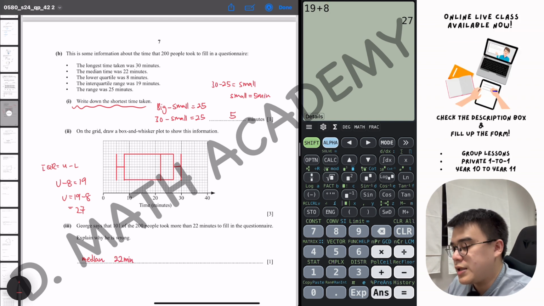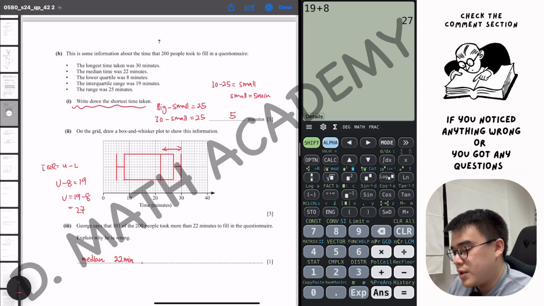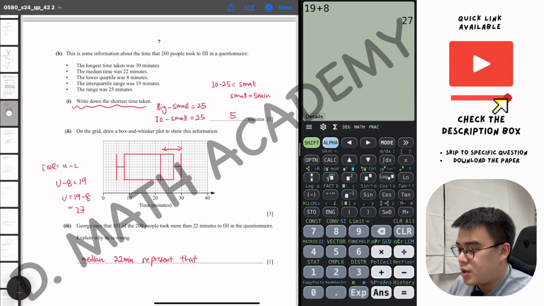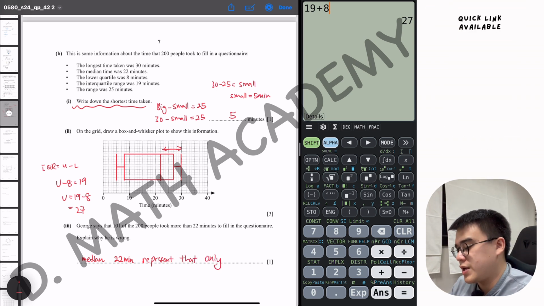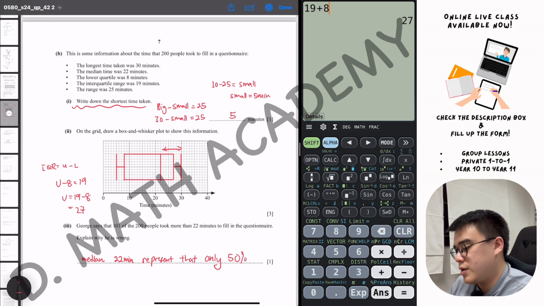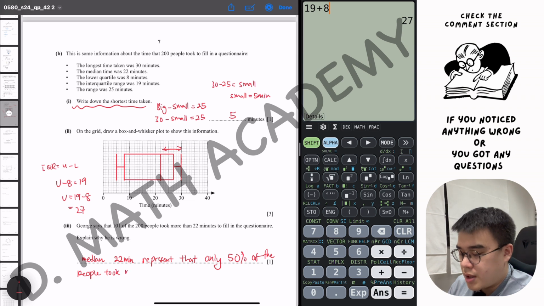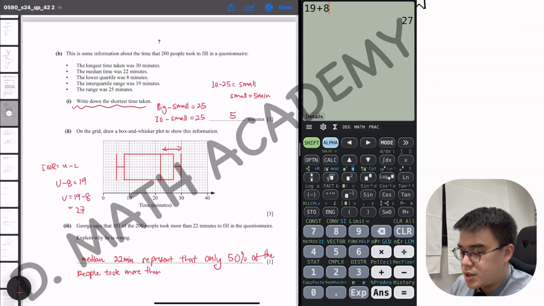The median represents that only 50% of the people took more than 22 minutes.